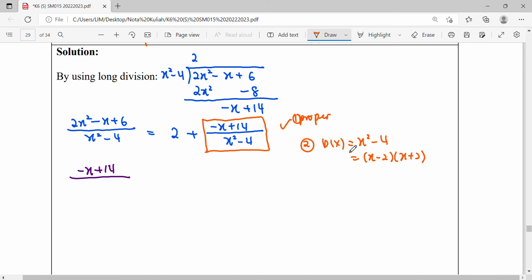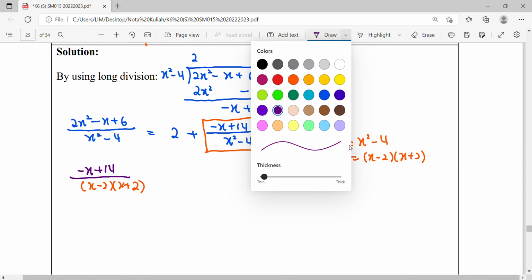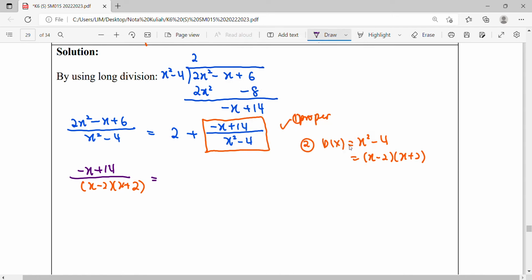So our denominator here should be in factor form. Then we continue to step number 3. We're going to split according to its factors. One factor is x minus 2, another factor is x plus 2. Then we determine the numerators. When you have a linear factor, the numerator up here will be a constant. This is also a linear factor, so here will be a constant.